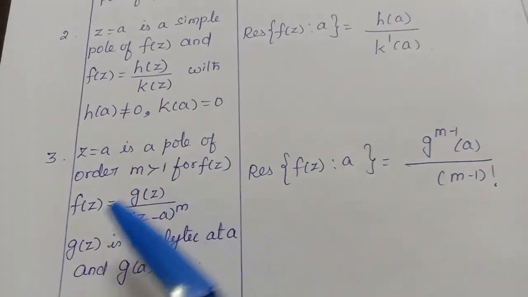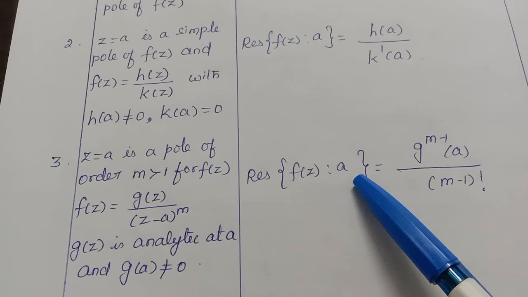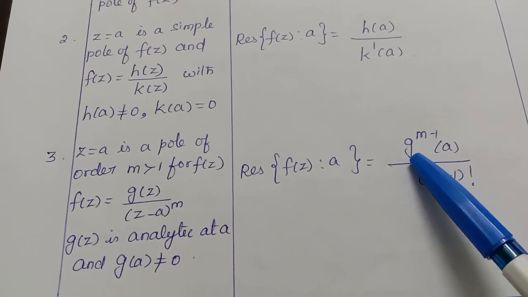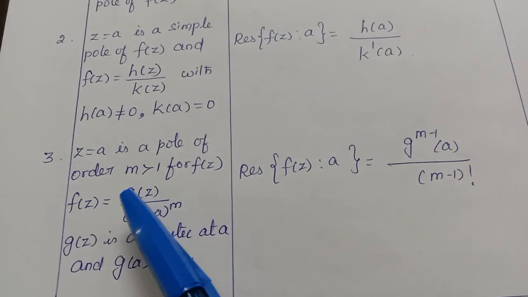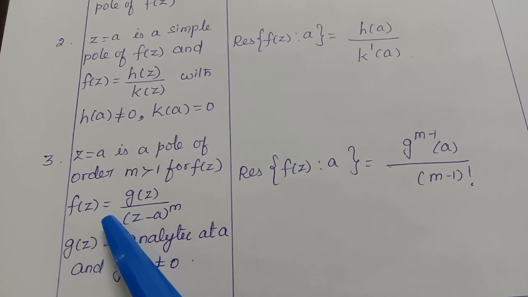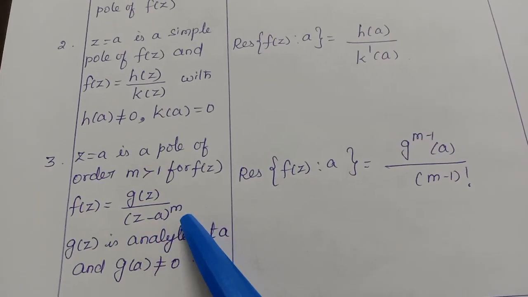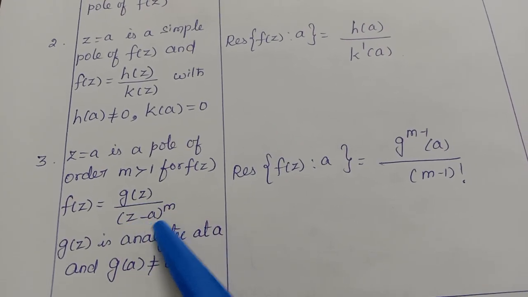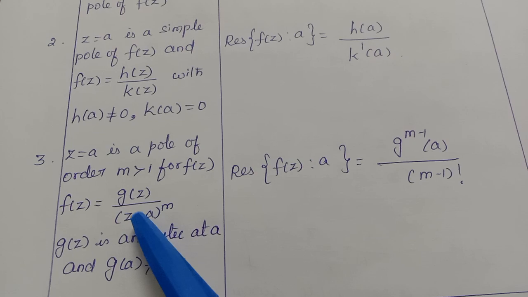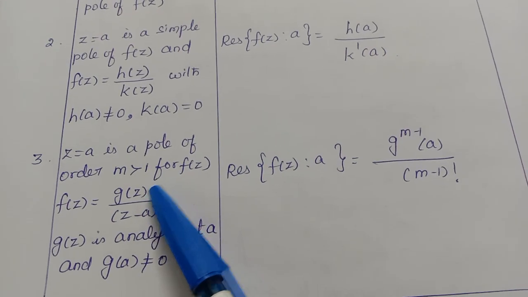In that case, residue of f of z at a is given by g m minus 1th derivative of a, where what is g means, that is this f of z is there, no? You write it as g by z minus a power m. This is the term containing the pole. Okay, you keep the term in the denominator, rest of the terms you take as g of z.